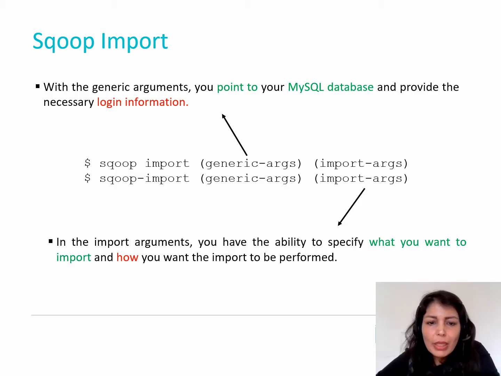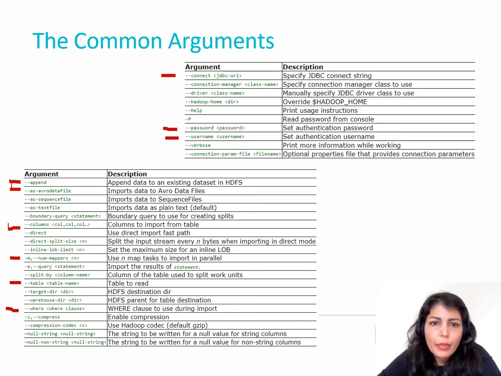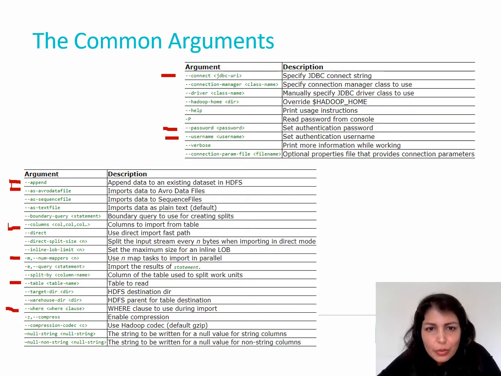So let's have a quick review of the different parameters that you can have for arguments, and also give you some examples. Then you can understand it completely. Here are two tables to show you some of the options you can have for generic arguments and import arguments.